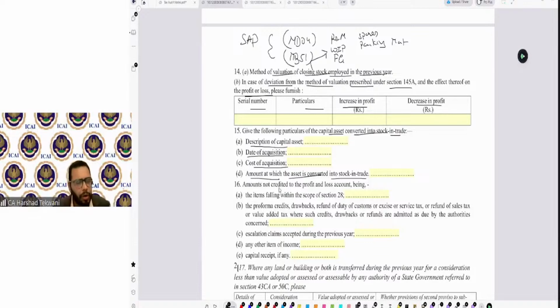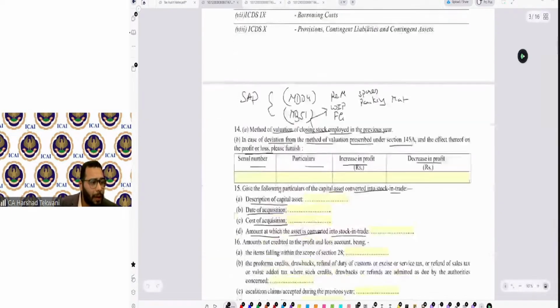And there are certain clauses in Form 3CD which you will deal with in practical life, for example in your articleship, on a regular basis.